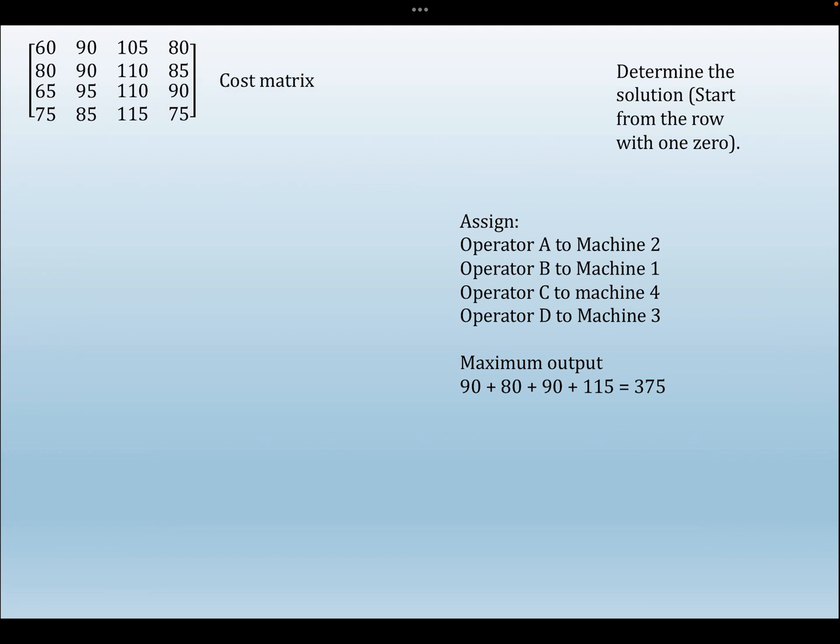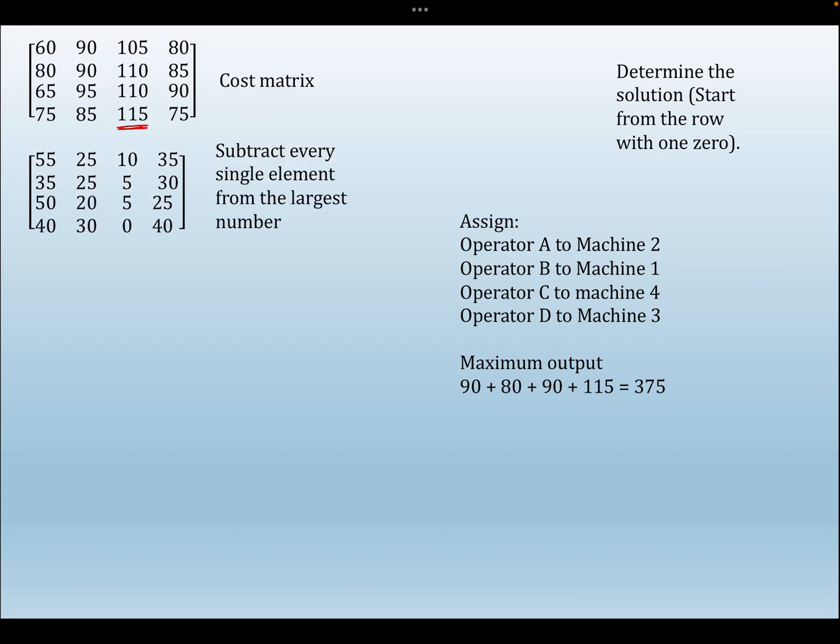So from here, what you need to do is take away 115 from every single element. For example, this would be 115 minus 80. This number is 115 minus 90. You still have a 4x4 matrix.